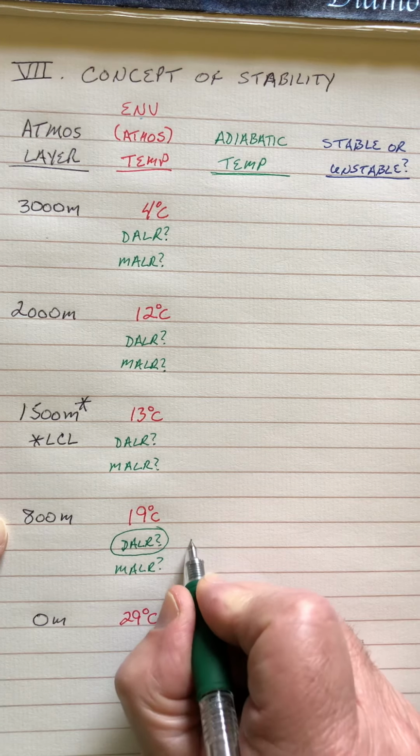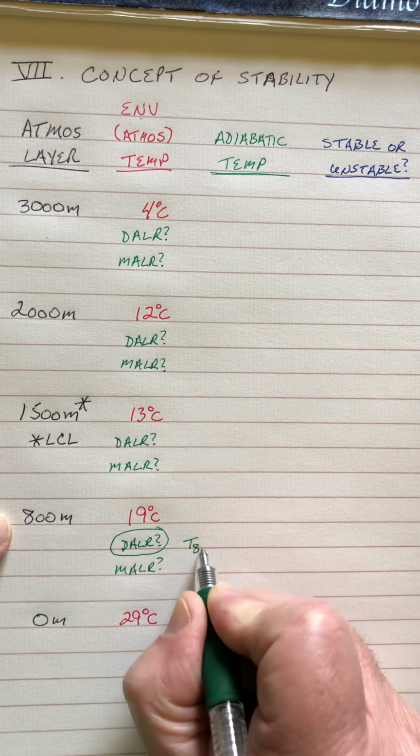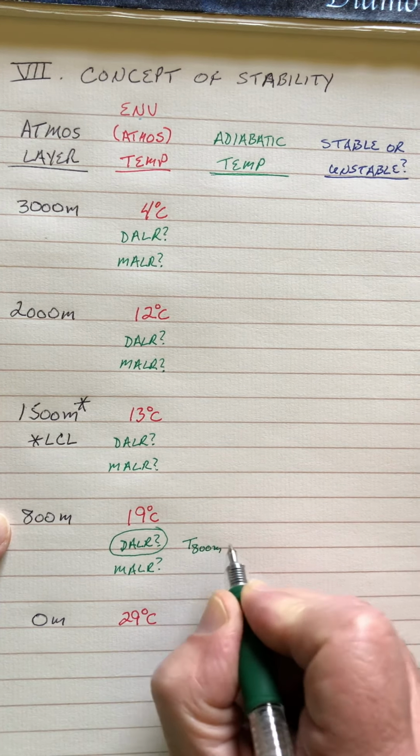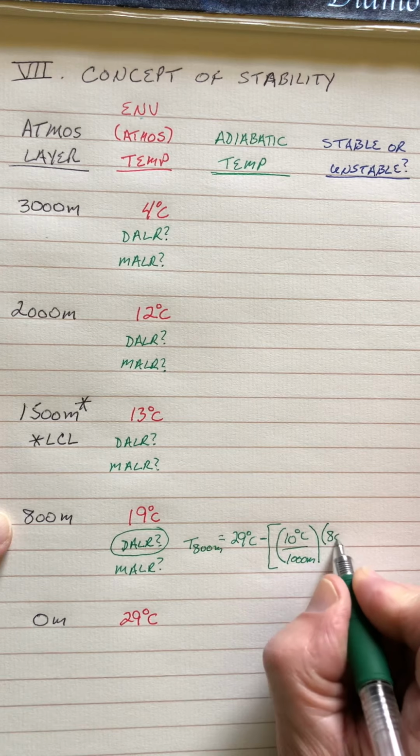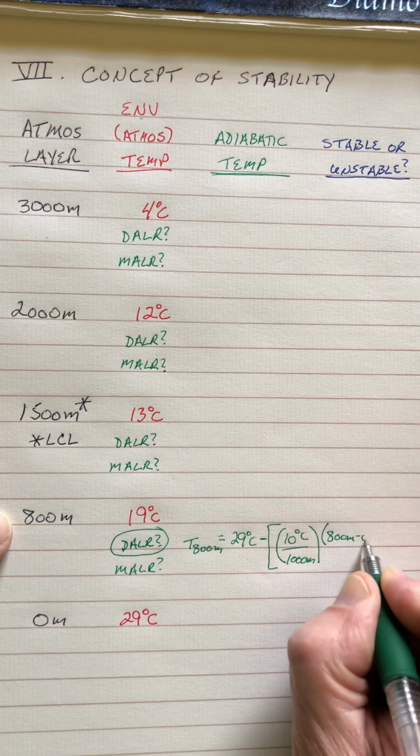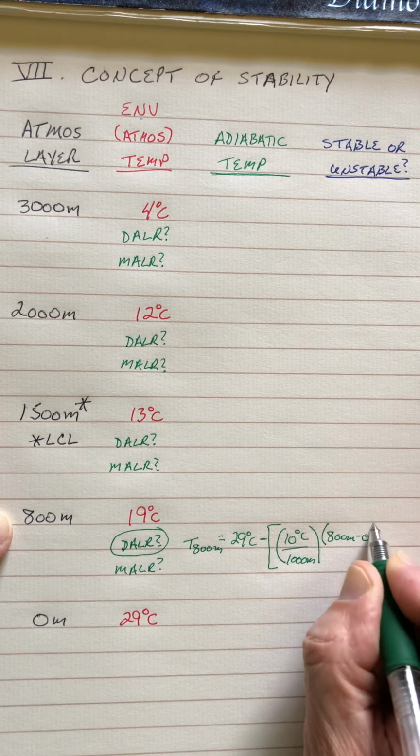lapse rate. So the temperature at 800 meters will be the temperature at the surface, 29 degrees Celsius, minus, because the air is rising and cooling, the dry adiabatic lapse rate, 10 degrees C per 1,000 meters. And we're going from the surface up to 800 meters. So 800 meters minus 0 meters.